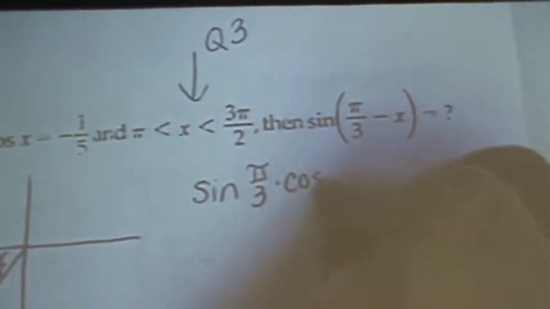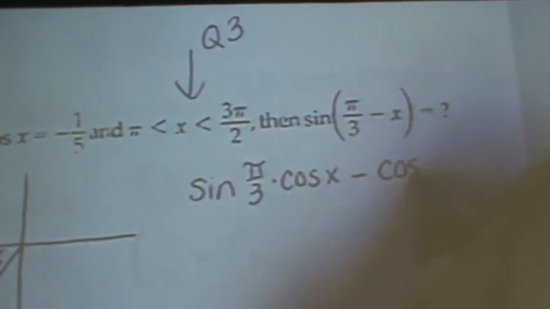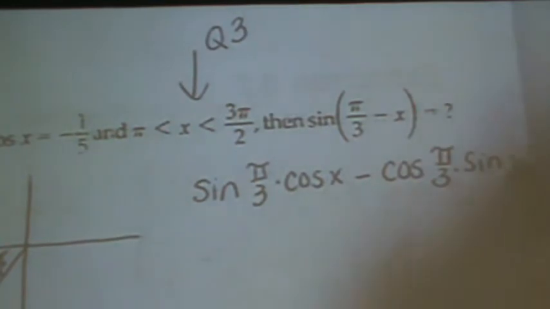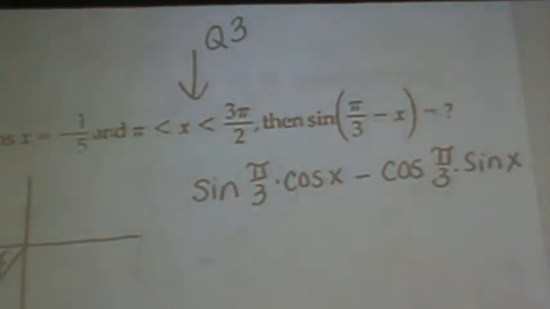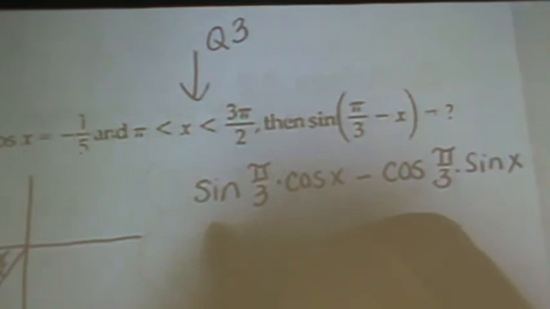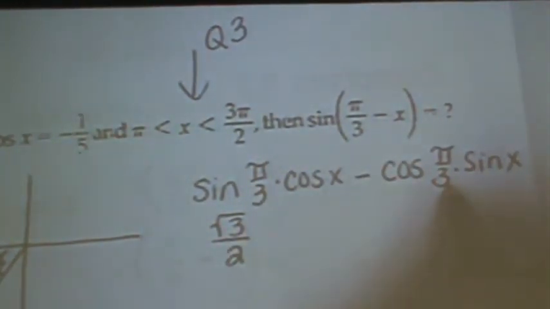We've got the sine of the first angle, cosine of x, same sign. Okay? So we are talking about a 60-degree angle. So this is pi over 3, root 3 over 2. And for this, it would be 1/2.